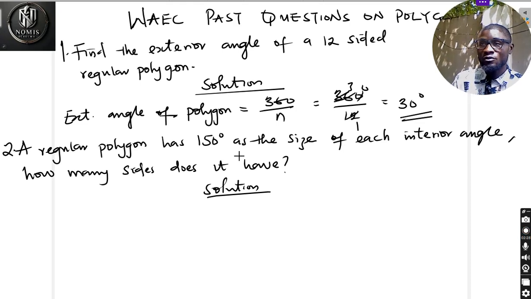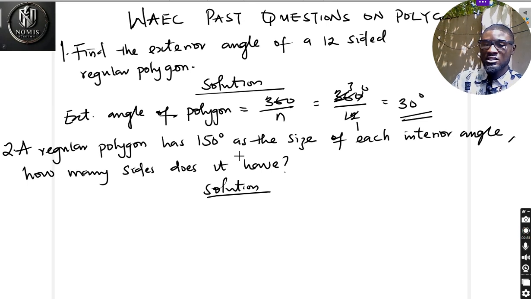So the angle of the polygon can tell the sides. That is what gives us the confidence that we could tell something about this polygon, especially the size that it has. So a regular polygon has 150 degrees as the size of each interior angle. The question is now asking us, how many sides does it have?